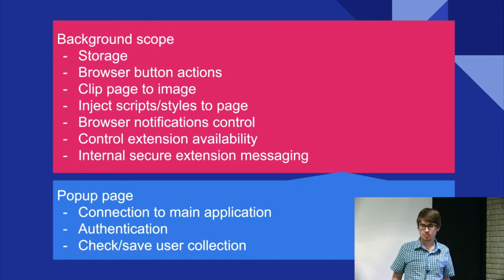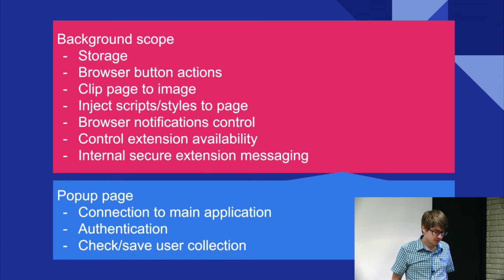So it's easier to manage from an extension. And from the browser scope, you can control extension availability. It means you can restrict execution of the extension on some pages, like service pages or local pages, because Chrome has some permissions about local scope.